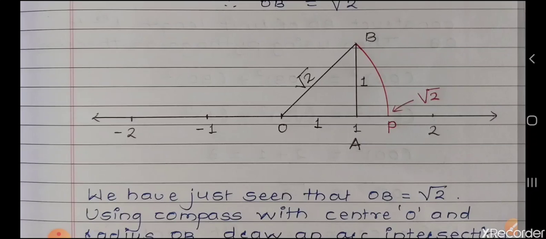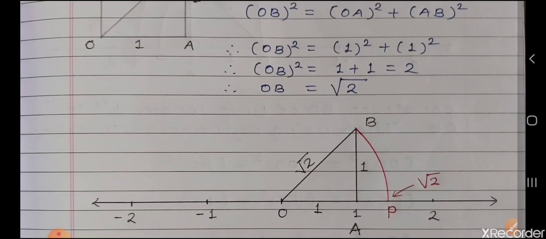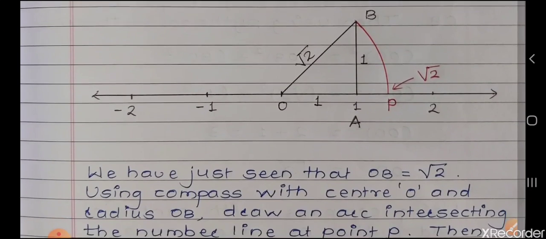Therefore we get triangle OAB. This OAB is a right angle triangle. We have just seen that OB is equal to square root of 2, because OA and AB are the sides of a right angle triangle. Therefore OB square is equal to OA square plus AB square, so OB is equal to square root of 2.